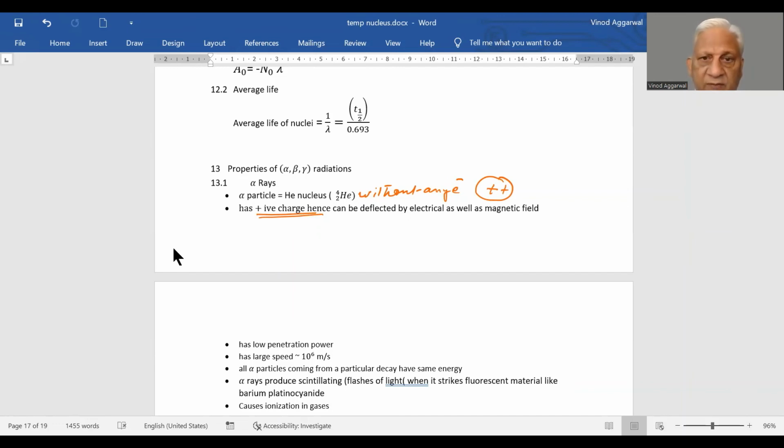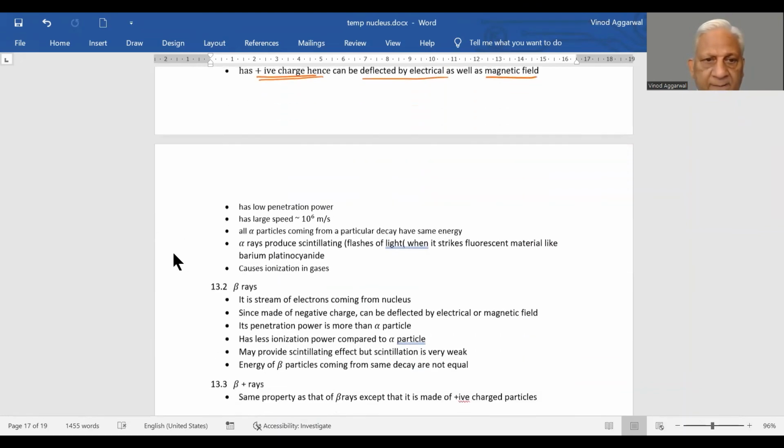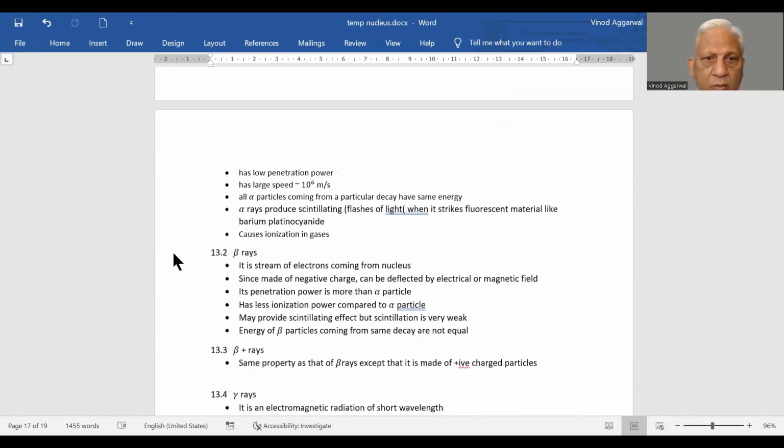If it is positively charged, obviously it will be deflected by electric as well as magnetic fields. It has low penetration power. It has large speed.